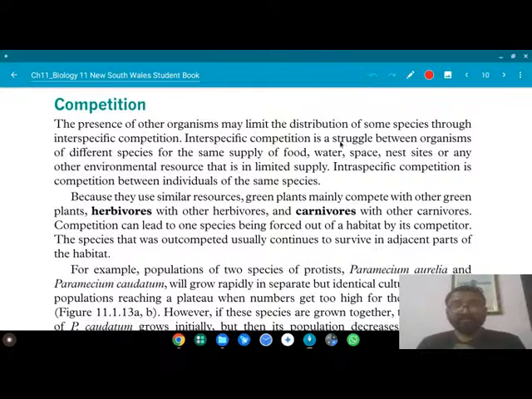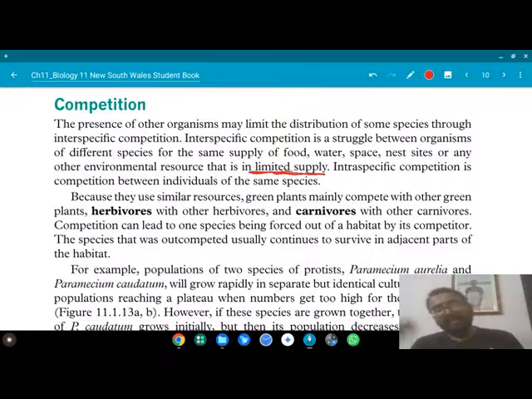Interspecific competition is a struggle between organisms of different species for the same supply of food, water, space, nest sites, or any other environmental resources that are in limited supply. See, humans all need food. For example, we need rice, so rice is also competitive.